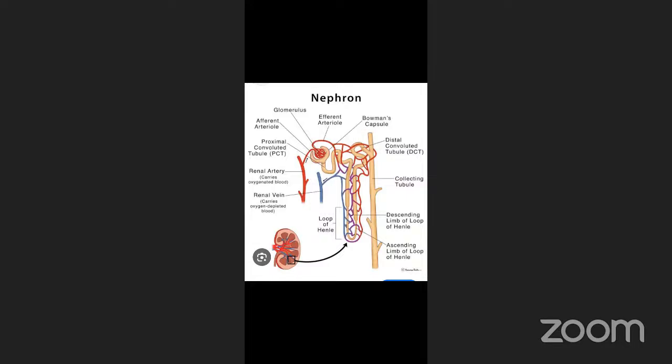So get the difference between length and coiling. The coiling there is to reduce the speed, while the length is to provide a larger surface. So whatever provides larger surface is the length and the existence of the microvilli. And then it is supplied with blood capillaries for transportation of absorbed substances.